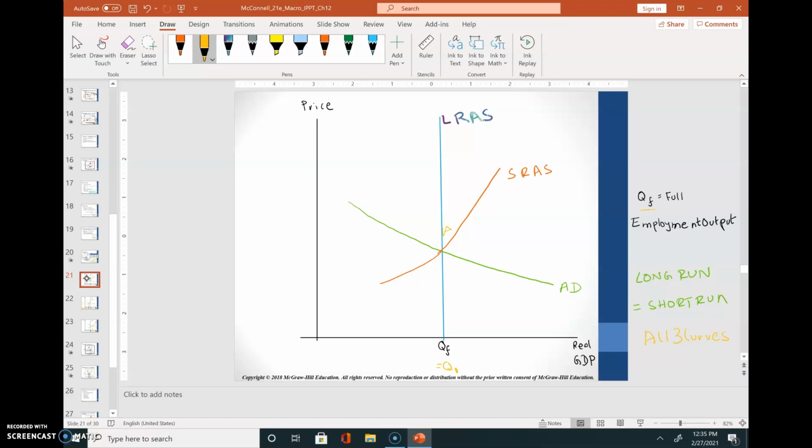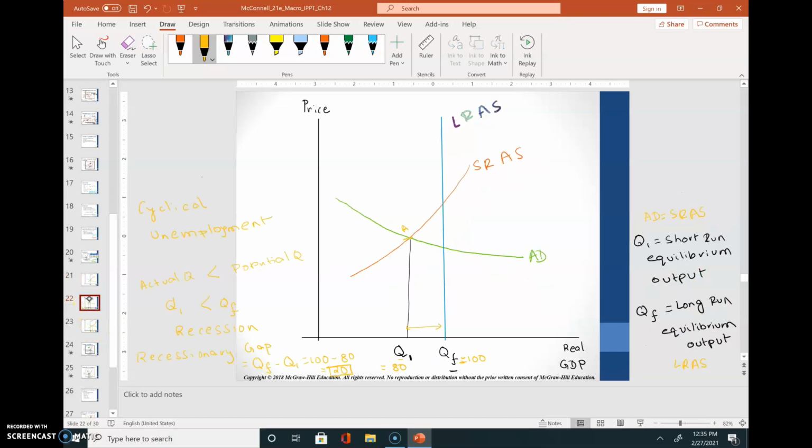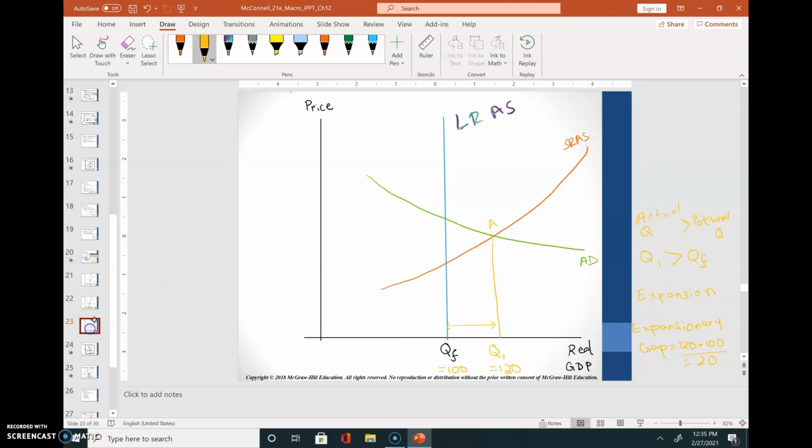Let's say that is Q1, and the long run output or the full employment output is QF. Then we looked at a recessionary situation where the short run output is less than the long run output. And after that, we looked at an expansionary situation where the actual output is greater than the full employment output.